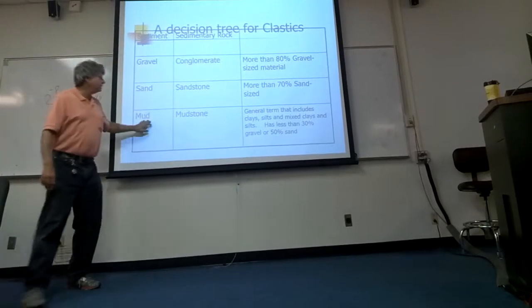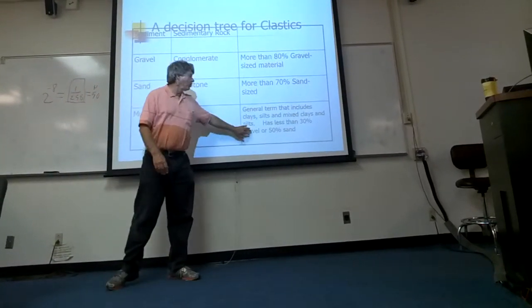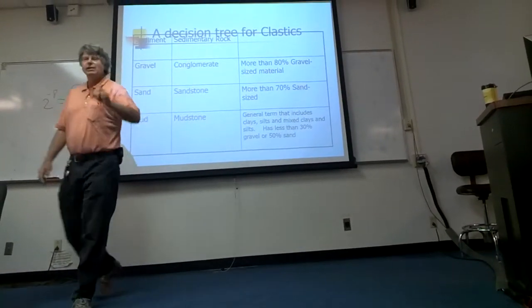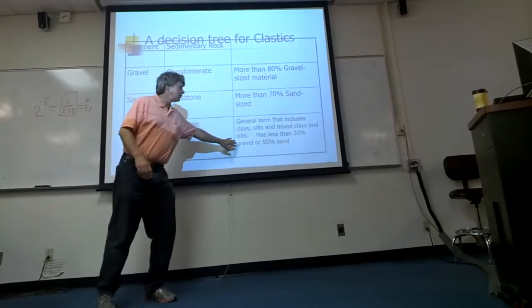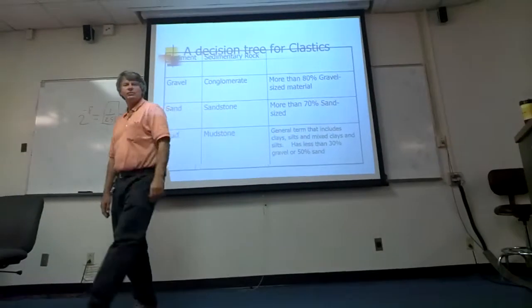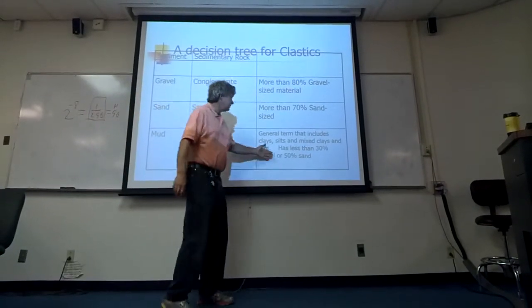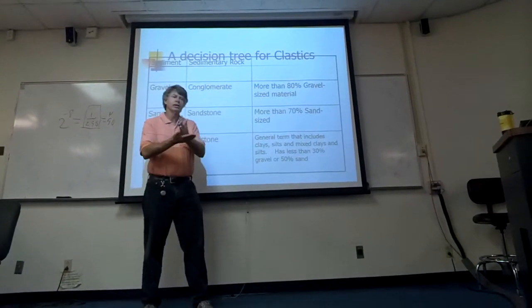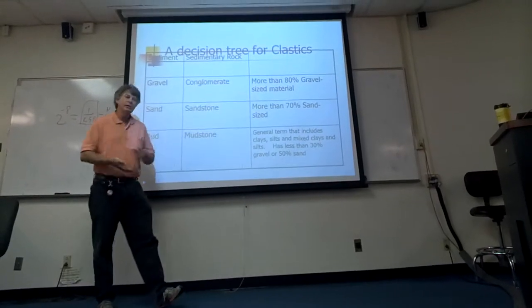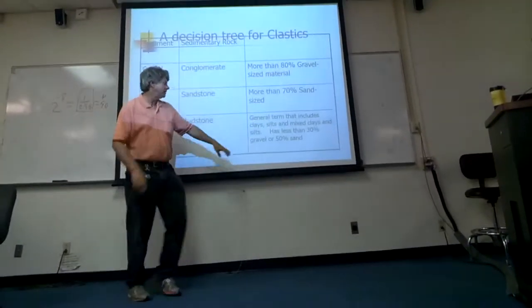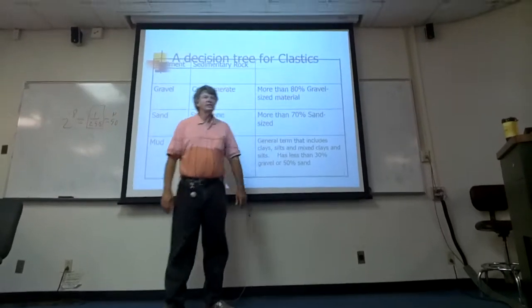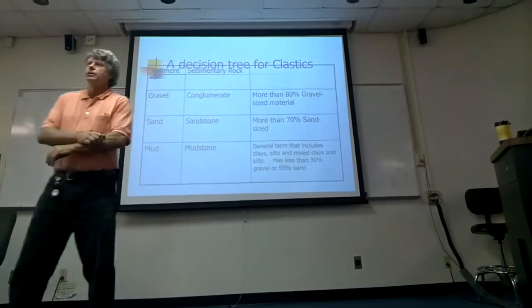And muds and mudstones have less than 30% gravel or 50% sand. In other words, if you've got sand and mud mixed, if it's more than 50% mud, it's a mudstone. If it's mud and gravel mixed, it's got to have less than 30% gravel. These are the end members.